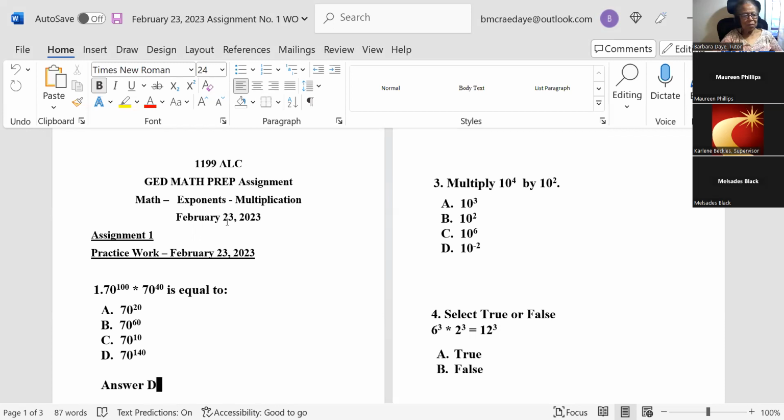Because the rule for multiplication of exponents is to add the powers. If it were division, you would subtract. If this was 70 to the 100 divided by 70 to the 40th power, then you would subtract. Okay?